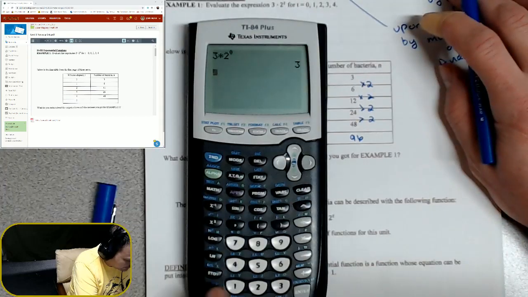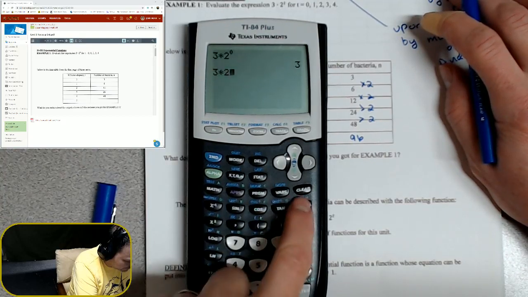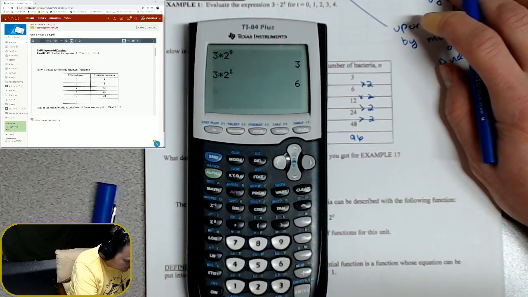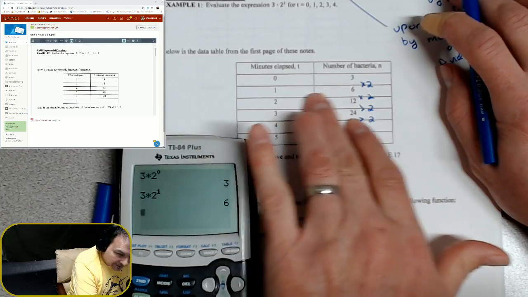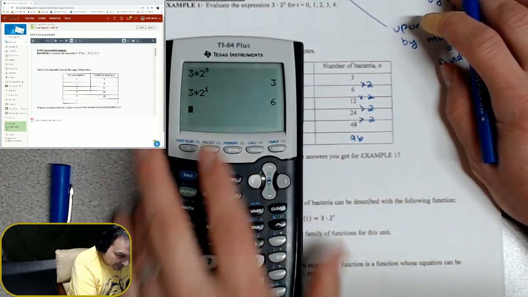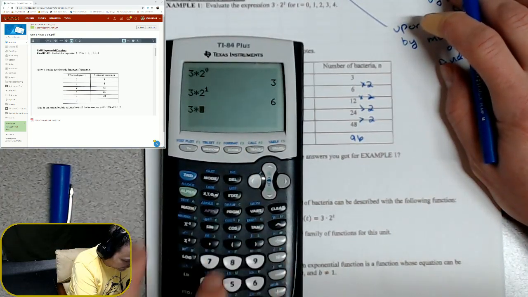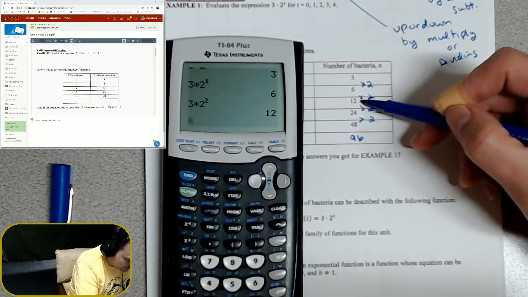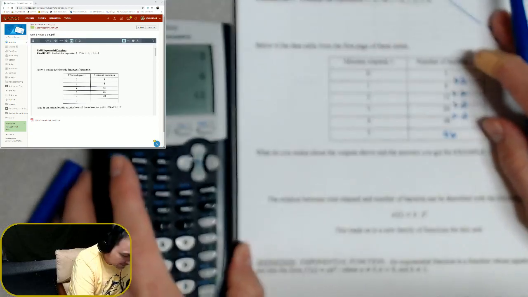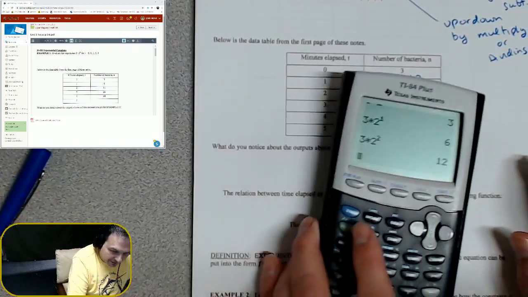Let's try it again. 3 times 2 to the first, and the calculator says 6, exactly what our table said. You see how you type those into your calculator? 3 times 2 to the second, it says 12. That's what the calculator is saying. Does that make sense? Does everybody see that?